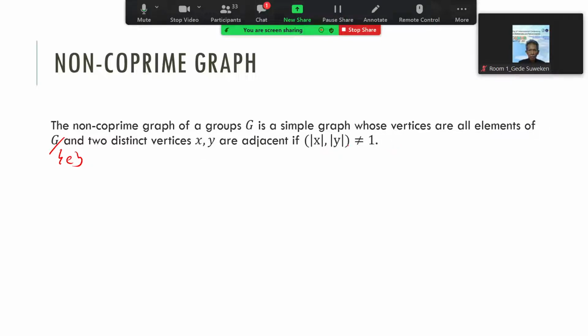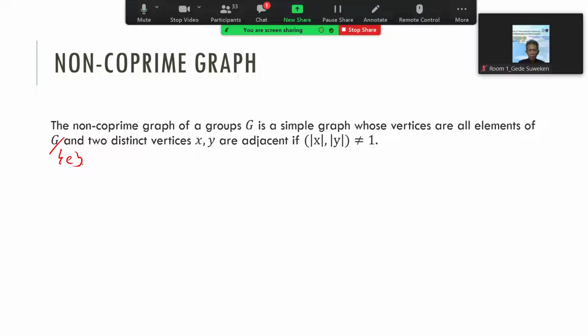So that means the order of X and the order of Y are not relatively prime.